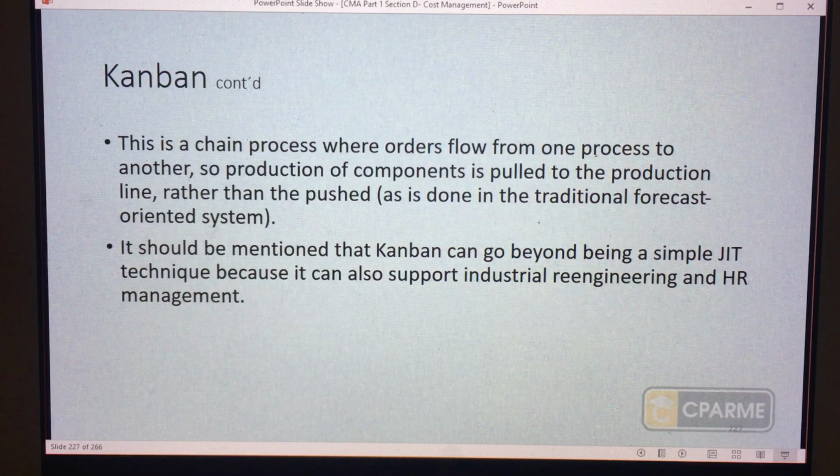The production of the components is pulled to the production line rather than being pushed. Ang push kasi, yung meron nang items na available kahit na hindi mo kailangan gumawa. It should be mentioned that Kanban can go beyond a simple just-in-time technique because it can support yung ating industrial engineering, HR, and management.